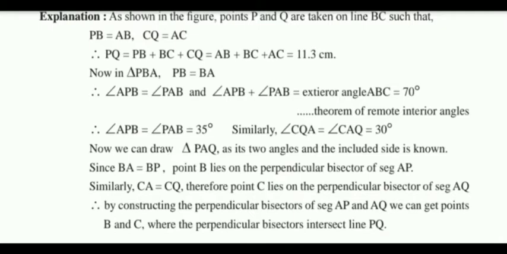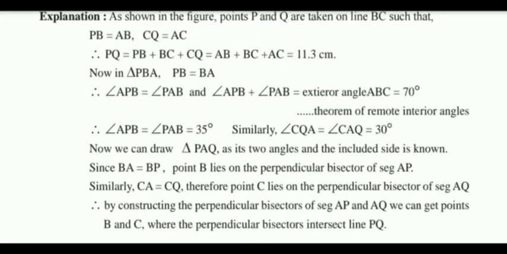Similarly, CA is equal to CQ, therefore point C lies on the perpendicular bisector of segment AQ. Therefore, by constructing the perpendicular bisectors of segments AP and AQ, we can get points B and C, where the perpendicular bisectors intersect line PQ.